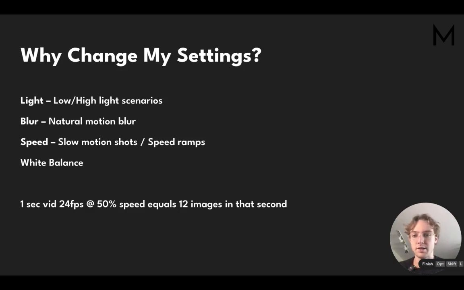And I'm just going to go into shutter speed again, because this is a very important concept that I don't want you guys to have any sort of confusion on. So let's say I film 1 second of a video at 24 frames per second, and I want to slow that down to 50% speed.